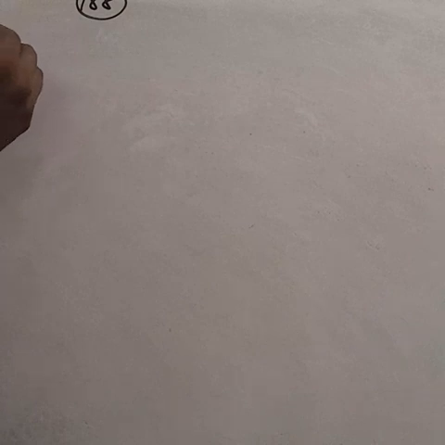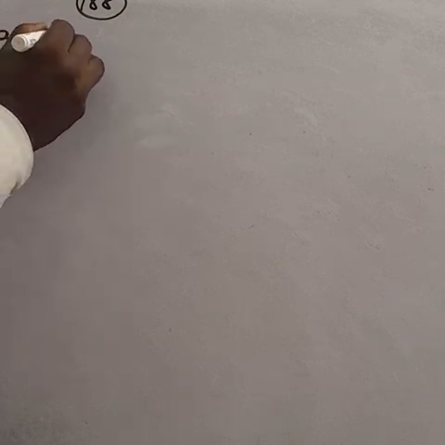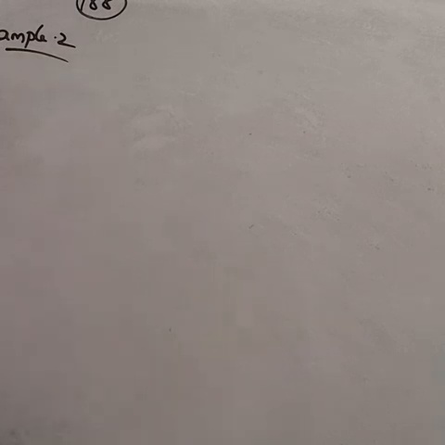Now we can find, on page number 188, example 2. Barium has a body-centered cubic unit cell with a length of 508 pm along an edge.